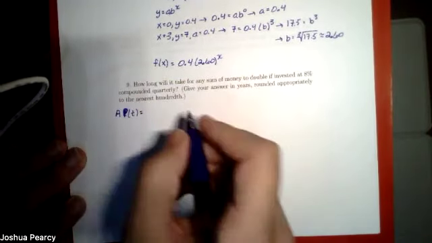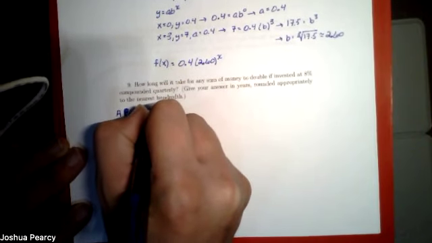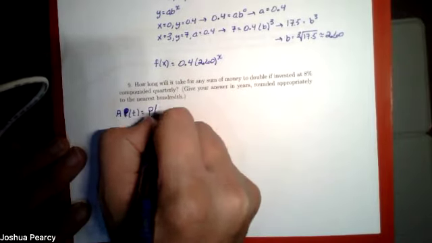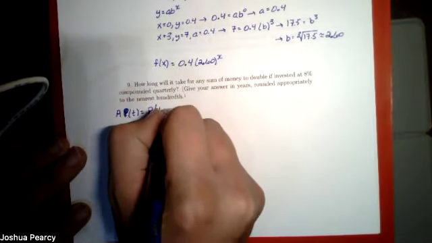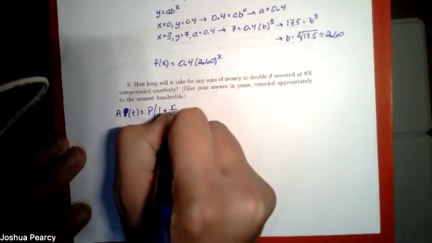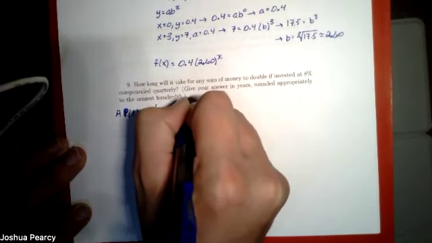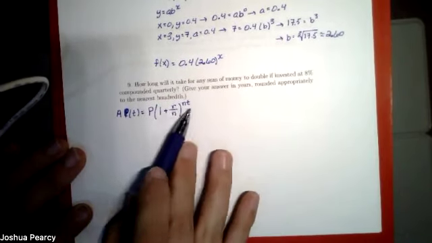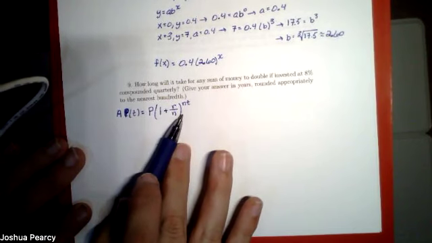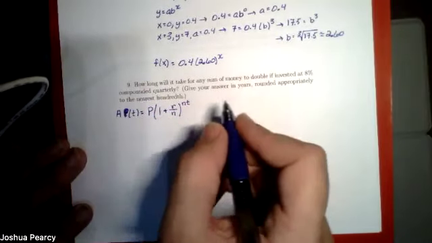A of t is equal to P, the initial amount we invested, times 1 plus r over n to the n times t. This is the formula for compounding periodically.